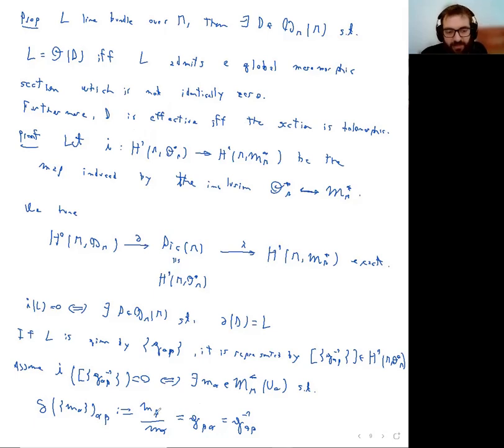And vice versa, if you're effective, these M betas are holomorphic, so everything works. Again, it's the same. Basically, instead of writing M star M, you just write holomorphic functions.